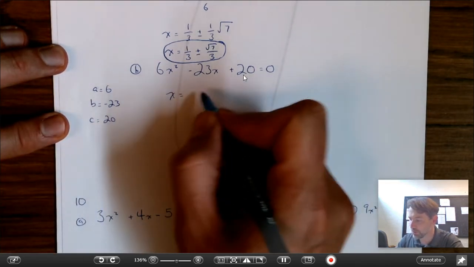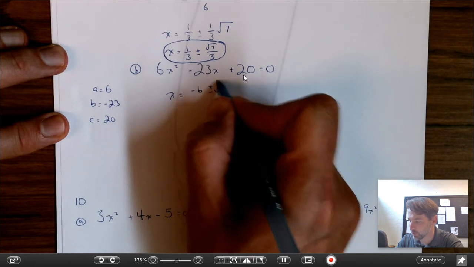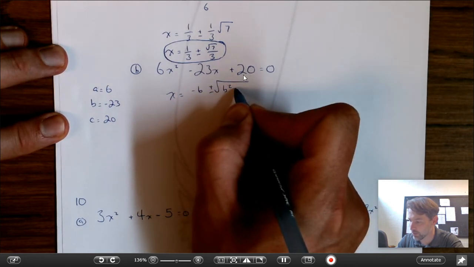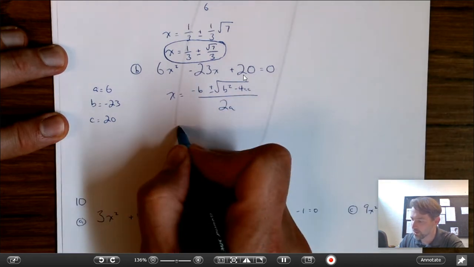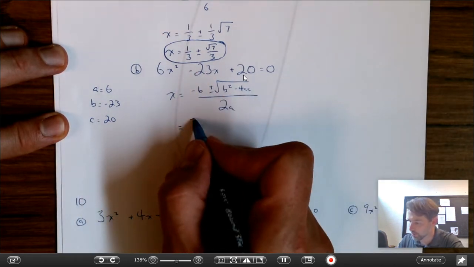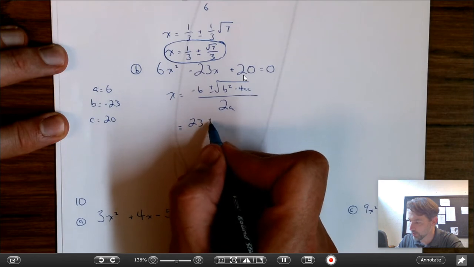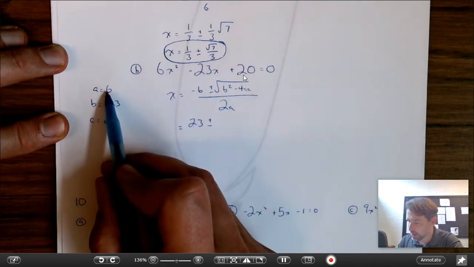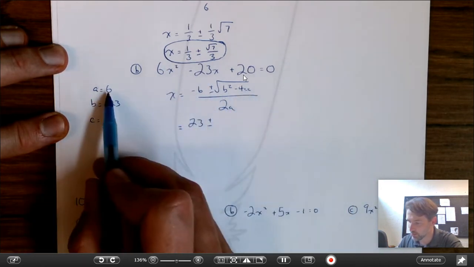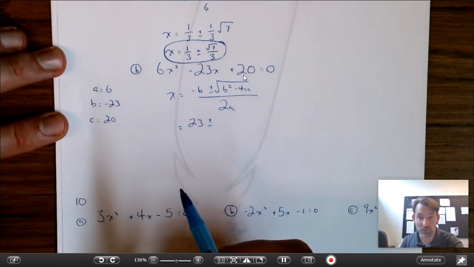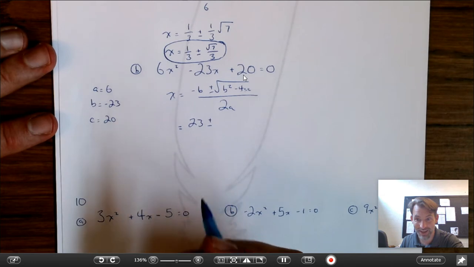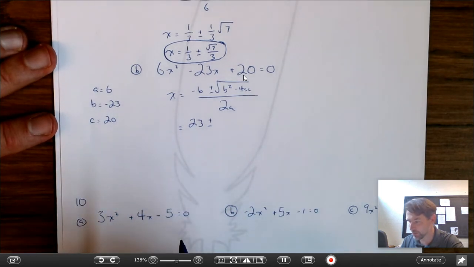X is equal to negative b plus or minus the square root of b squared minus 4ac, all over 2a. X is equal to negative b is 23 plus or minus the square root of negative 4 times a, so that'd be negative 24. Negative 24 times c, so 20 times 24 gives me 480.